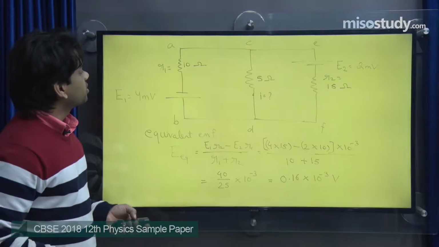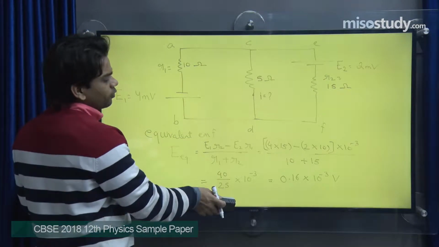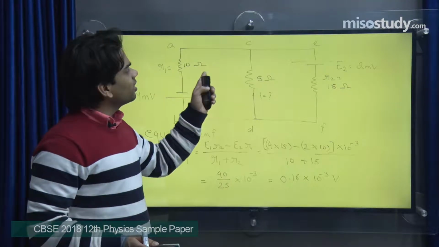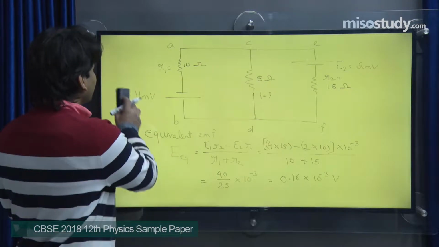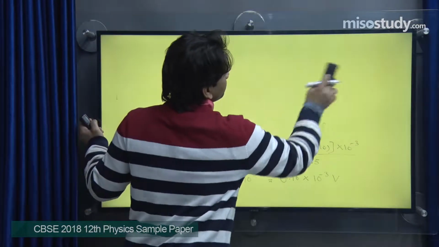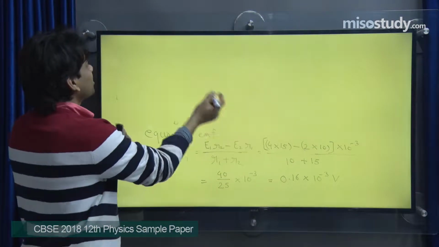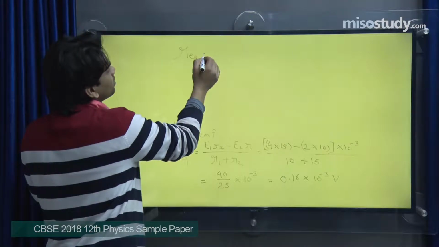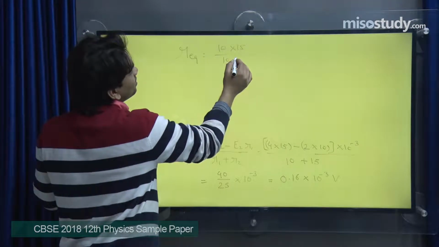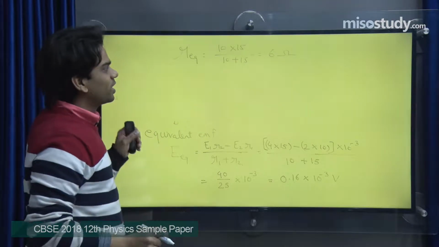We can eliminate this and you will have one cell of equivalent EMF, and the equivalent resistance will be simply this: take the 10 and 15, they are both in parallel. So the equivalent internal resistance will be, multiply both the resistances and divide by their sum. You will get this value, that is 6 ohm.